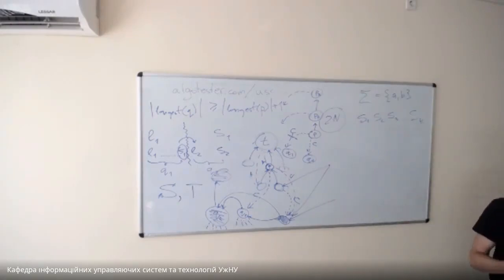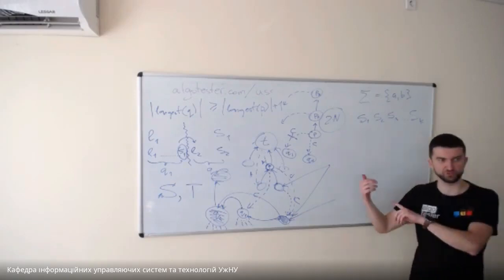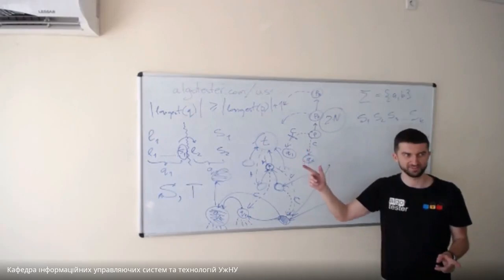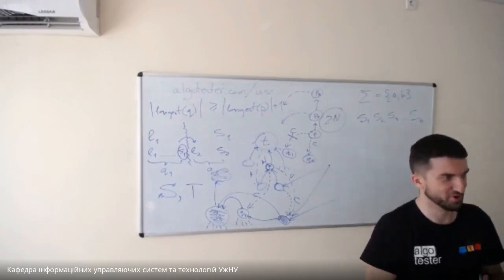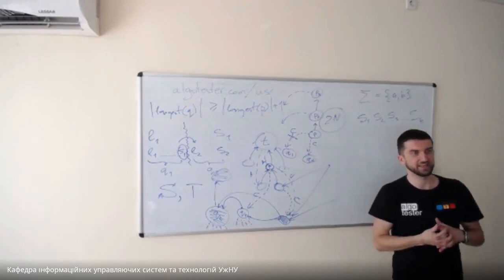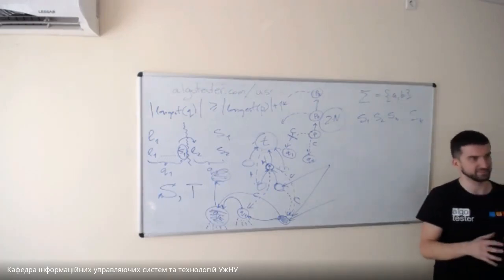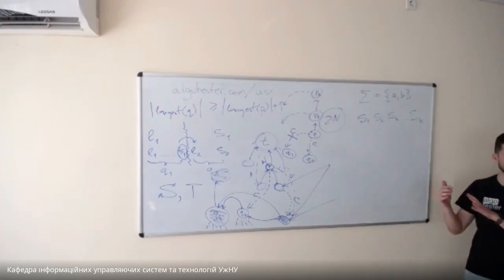But let me give you a hint. This one can be solved with suffix automaton. Does it help? Yeah, so you're more eager to solve it. And as you might already guess, you can use dynamic programming here as well.